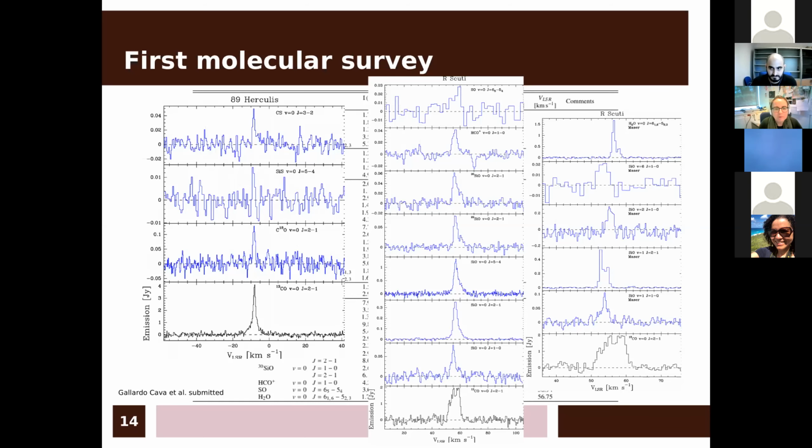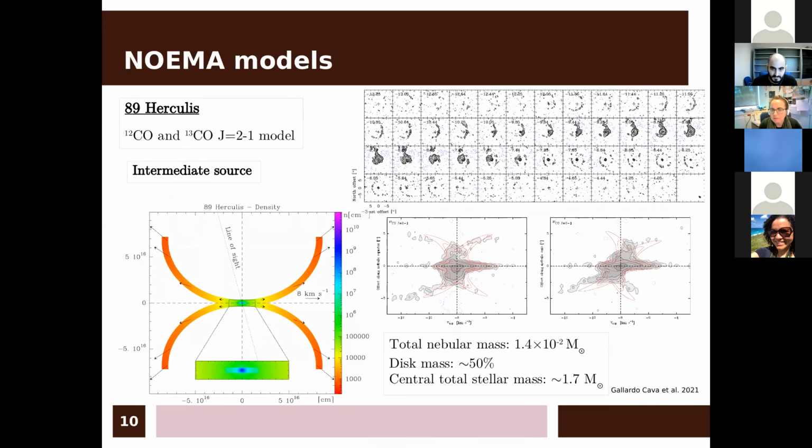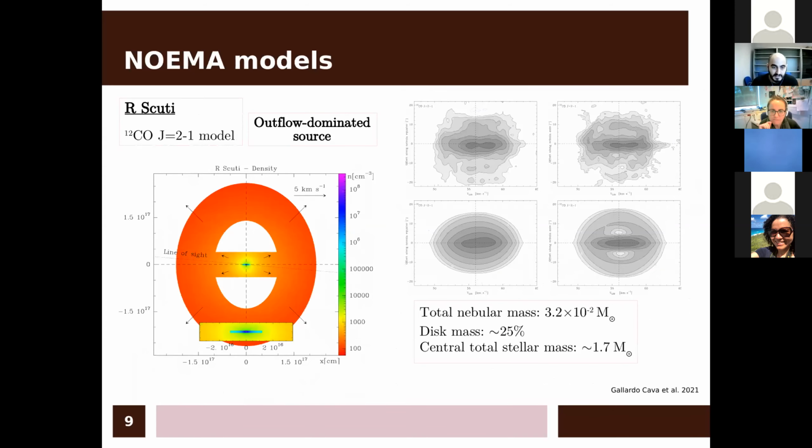Okay, I'm also curious about the expansion velocities of the outflows that you see. What is the typical expansion velocity? I think it's also pretty low, but this one is like 8 kilometers per second, right? Yes, we find a low velocity in that outflow.